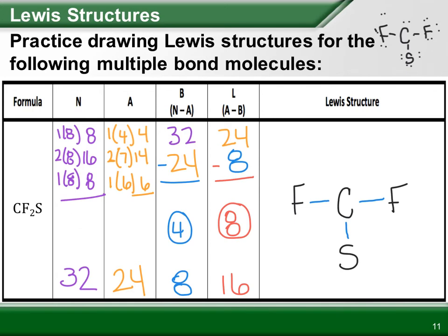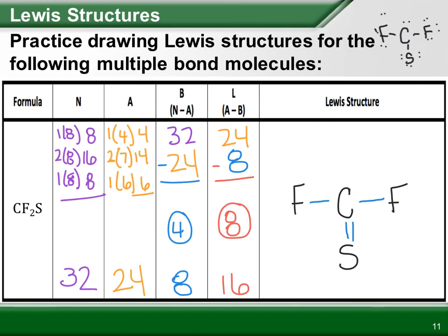So that means that this has to have one more bond. Going back through our rules, we see that the halogens can never be multiple bonded. So fluorine cannot receive that second bond, but sulfur can. So we're just going to draw another bond connecting sulfur with carbon.